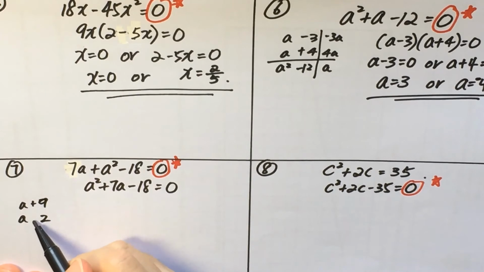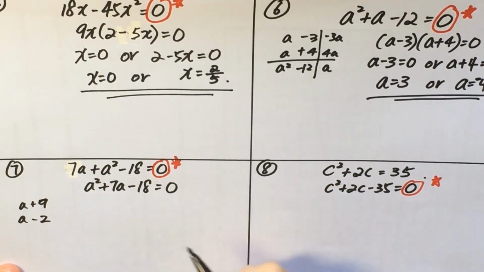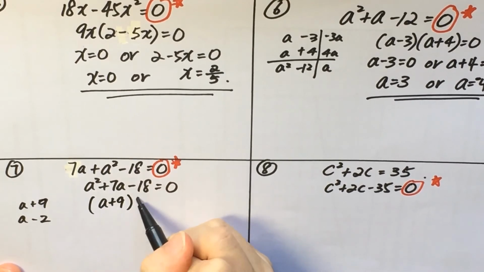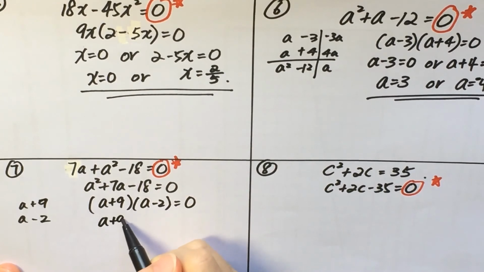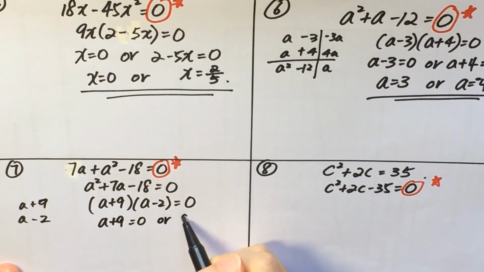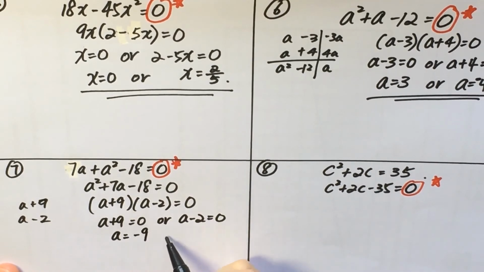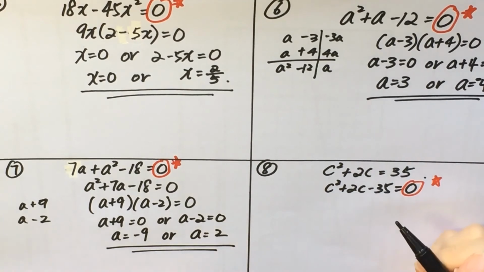Okay, I put a plus here and minus here. So can you see? When I have 9a and minus 2a, so together will be 7a, which is this middle term. Okay, so here I have a plus 9 multiply with a minus 2 equals to 0. So a plus 9 is a 0, or a minus 2 is a 0. So a is negative 9, or a is equals to 2. So these two are the answers.